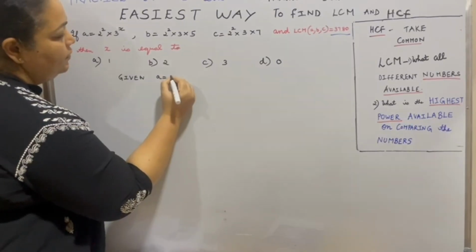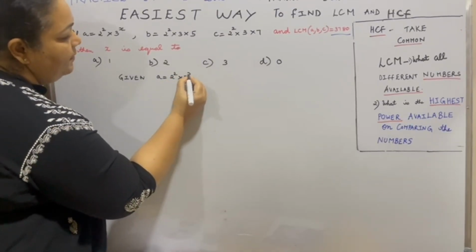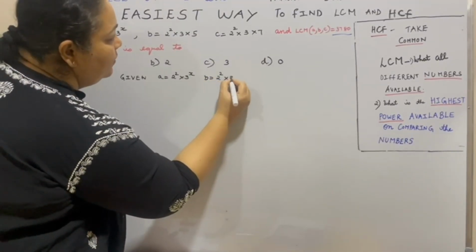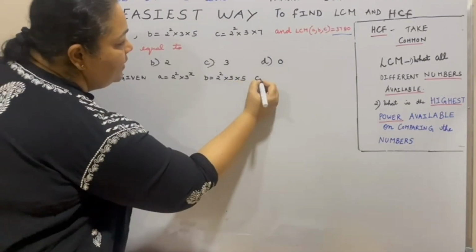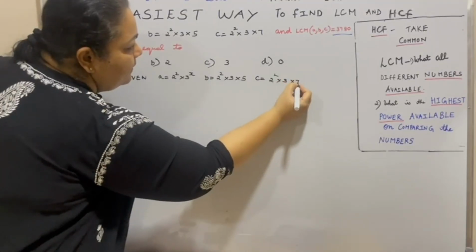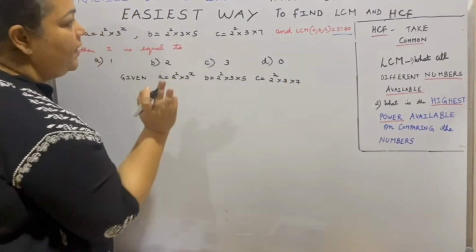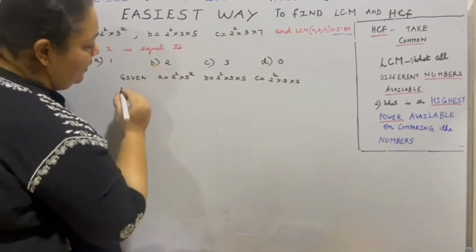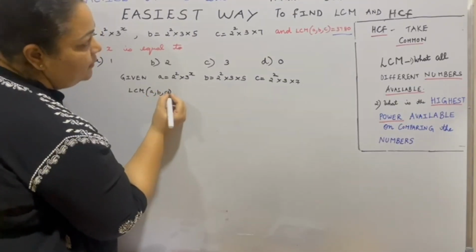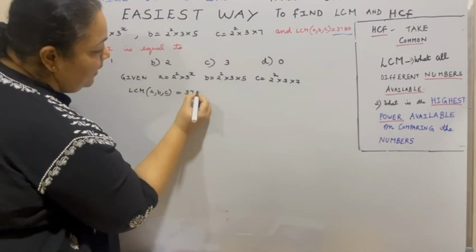A is equal to 2 squared into 3 to the power of x and B is equal to 2 squared into 3 into 5. And C is equal to 2 squared into 3 into 7. And then they have told LCM of A, B, C is equal to 3780.